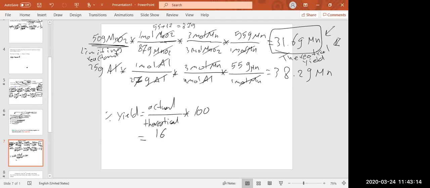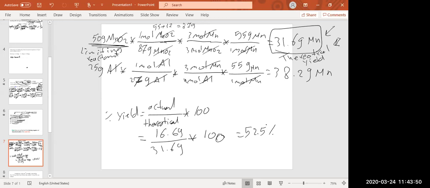The actual is 16.6 gram divided by the theoretical, 31.6 gram, times 100. So 16.6 divided by 31.6, we will get here 52.5% yield. And that represents the percentage yield for our reaction.